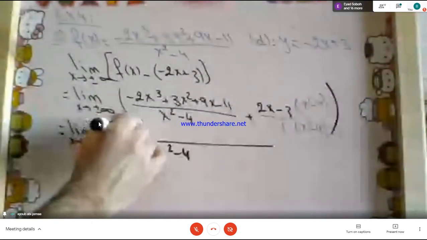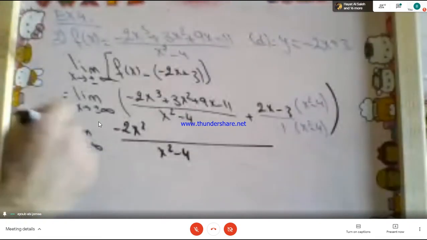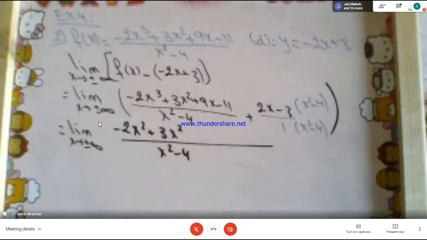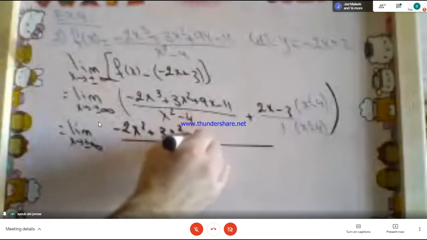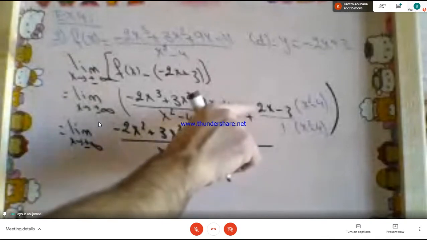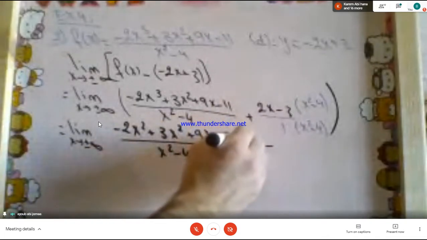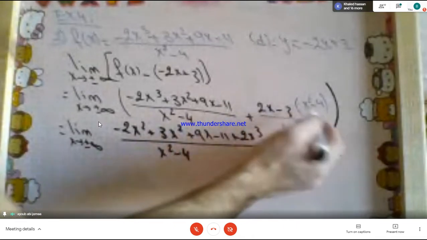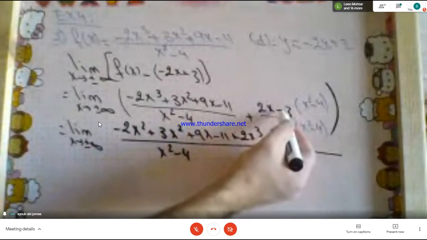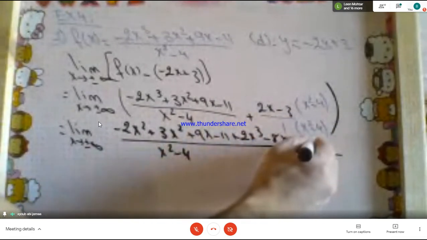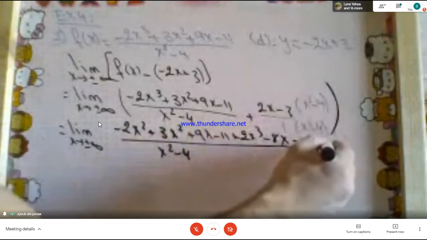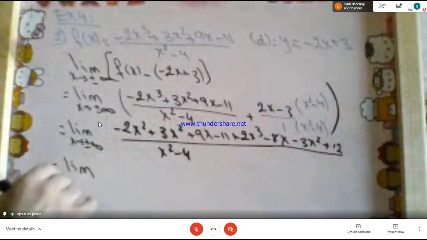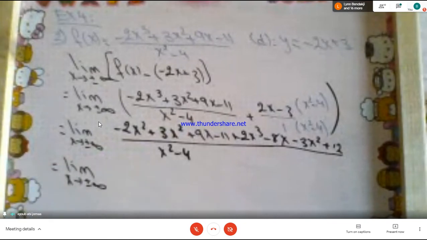Negative 2x cubed plus 3x squared plus 9x minus 11, positive 2x times x squared, so plus 2x to the power 3, positive 2x times negative 4, so minus 8x, negative 3 times x squared, so minus 3x squared, and negative 3 times negative 4 plus 12, which is equal to limit as x approaches positive or negative infinity.